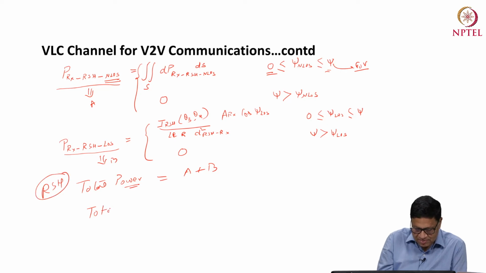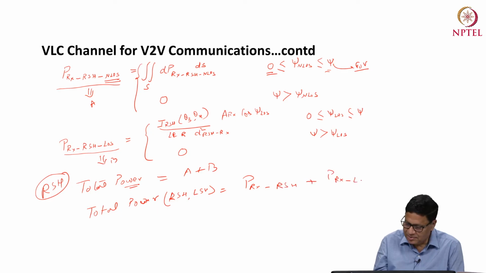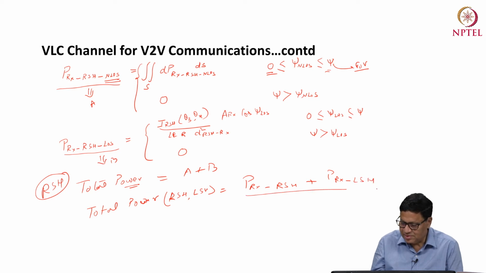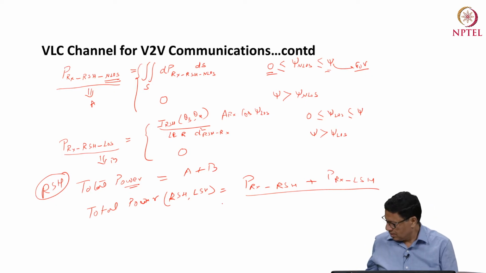So the total power which is both from RSH and LSH, right side and left side headlamp, will give P RX minus RSH plus P RX minus LSH. So this is the total power you get onto the receiver from left and right side lamps. So this is how one has to calculate the power which is getting received at the receiver.